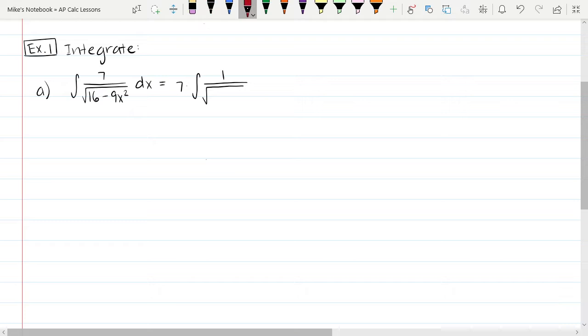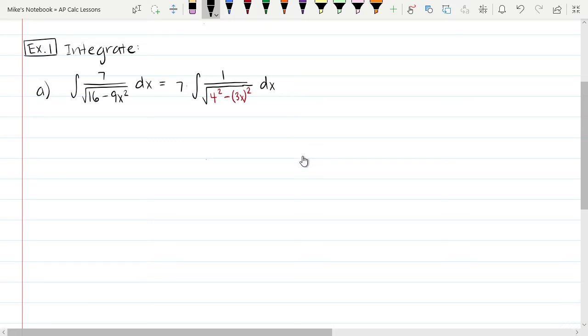Well, 16 is clearly just 4 squared. Minus, and then for 9x squared, I want to rewrite that as some quantity being squared. Well, 9x squared is really 3x quantity squared. So let me draw that radical a little longer. All right, and then dx.